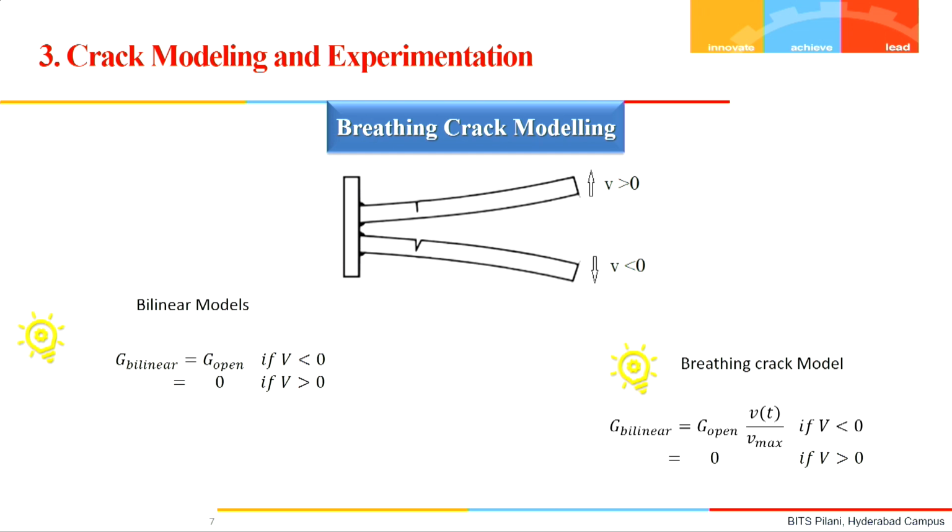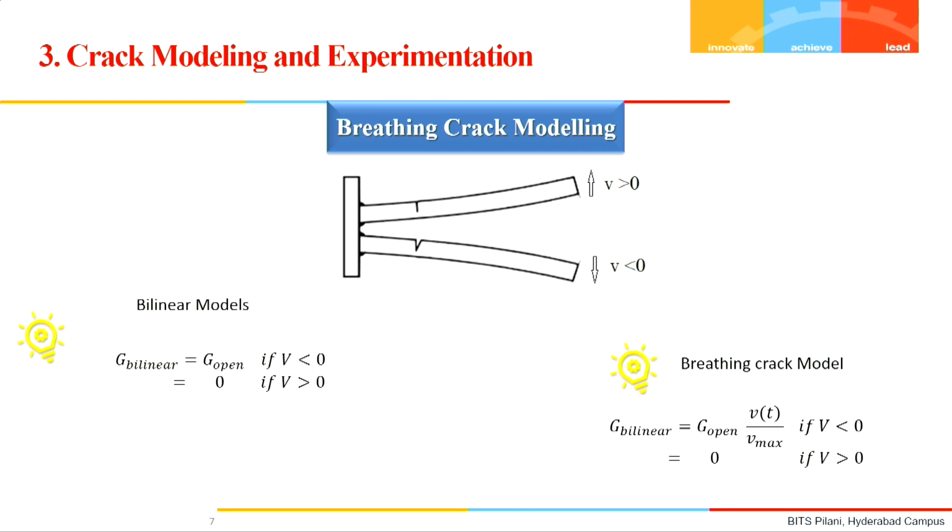So by this, the bilinear crack modeling can be done. If we specifically talk about the breathing crack modeling, it is assumed that at one half cycle of vibration, the crack will remain closed, the beam will be intact, and in the second half of the vibrating cycle, the crack will gradually open. It will depend on the displacement, and this displacement is coming from the nonlinear equation, so it is difficult to predict.